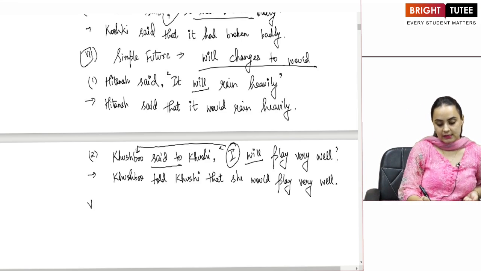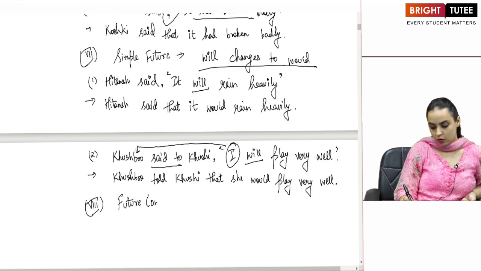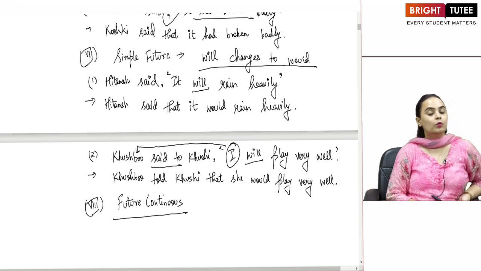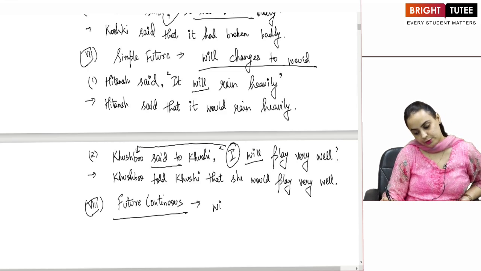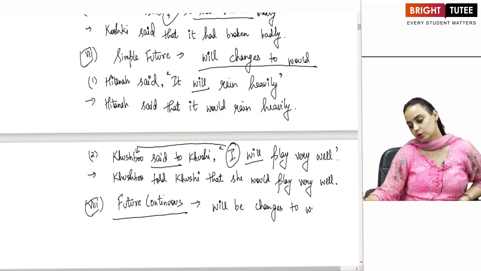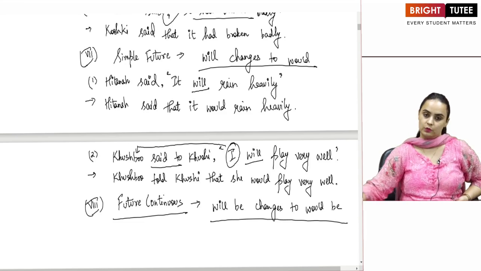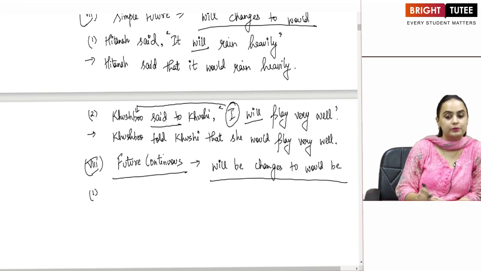Now the second last case is changing future continuous tense. What happens in future continuous tense? Simple, again the same thing. Will be changes to would be. What does it mean? Let me take the same examples I took for the simple future.